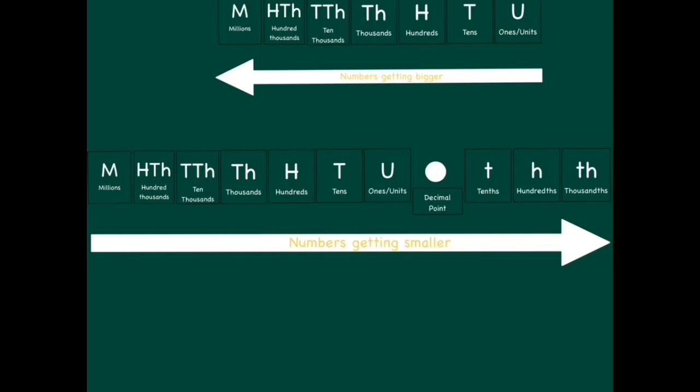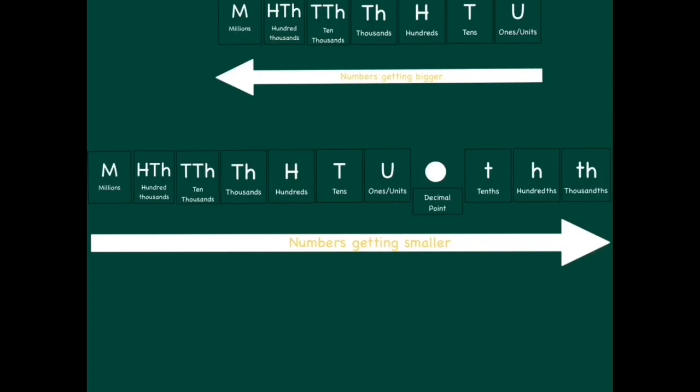And just like before, our numbers will keep getting smaller as we go to the right. They're infinite, they keep going, they get smaller and smaller and smaller. But for now, we just need to worry about these three columns, the tenths, the hundredths and the thousandths.